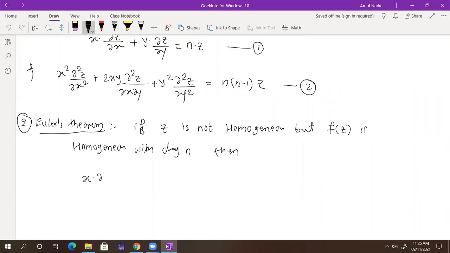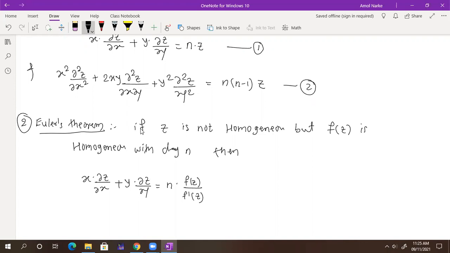Yeah, exactly. So x ∂z/∂x plus y ∂z/∂y is equal to n into f of z divided by f dash of z.